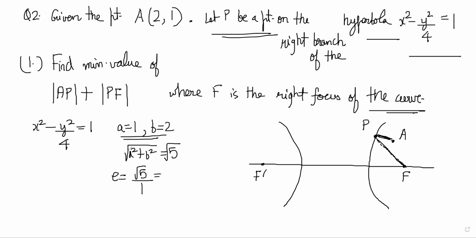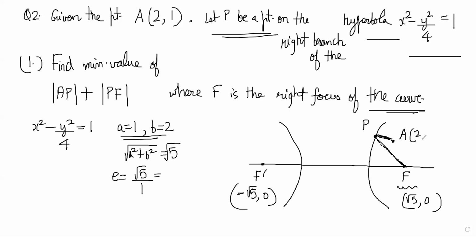So eccentricity is root 5 here. Eccentricity is root over 1 plus b square by a square, right? So that comes out to be root 5. Now that should help you find the focus. The focus F will be ae, so it will be root 5 comma 0, and this would be minus root 5 comma 0, right?